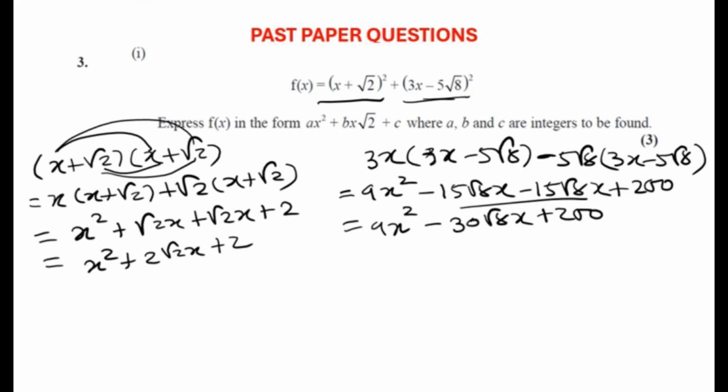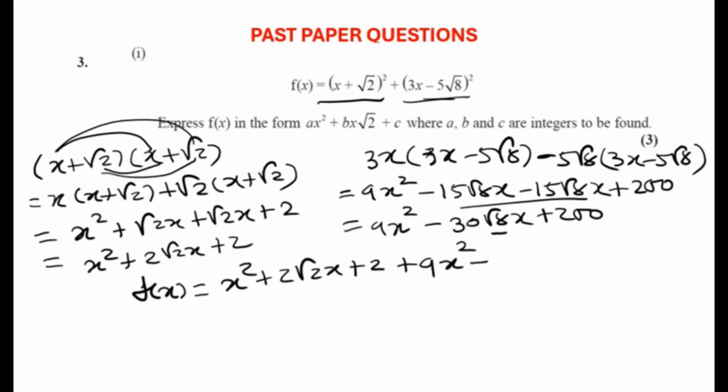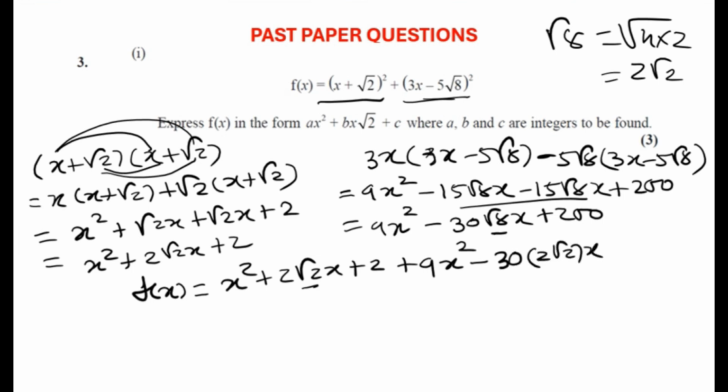Now I am putting it in the form of f(x) altogether. So x squared plus 2 root 2x plus 2 plus 9x squared minus, now here I can convert root 8 into root 2 form because I have a root 2 here. So we know that root 8 is equal to root 4 times 2, that will give me 2 root 2. So here 30, and I am writing 2 root 2x instead of root 8x, plus 200.